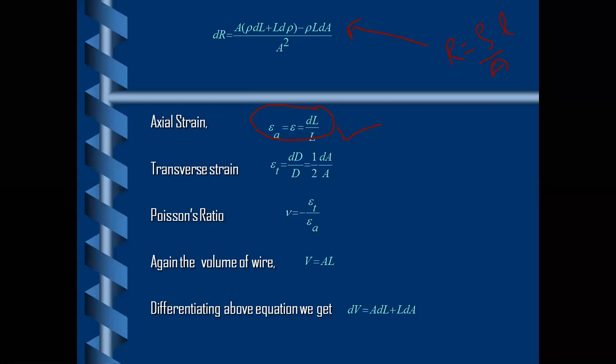Transverse strain is represented as epsilon T. It is equal to the diameter which I have shown, that is small d by capital D. Differentiation of d by D is equal to 1/2 dA by A. Poisson's ratio is given as mu, and mu is nothing but the ratio of transverse strain divided by axial strain.